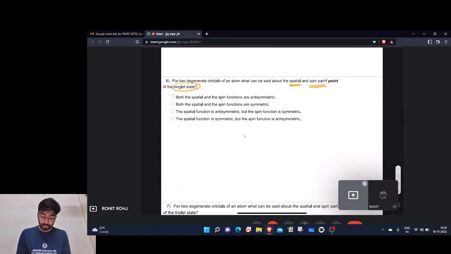One can write the final wave function corresponding to n particles of a system, whatever 1, 2, 3 and so on, as a product of the spatial part and the spin part.